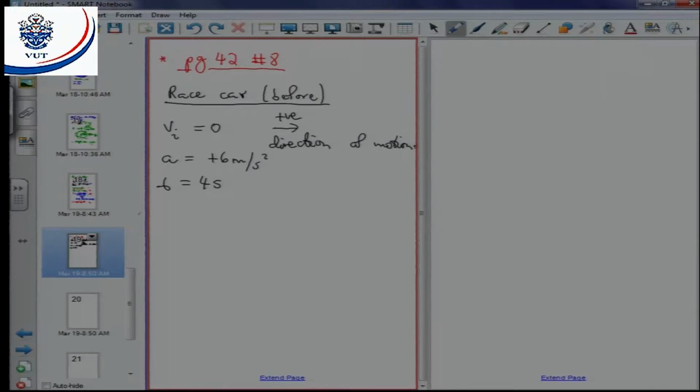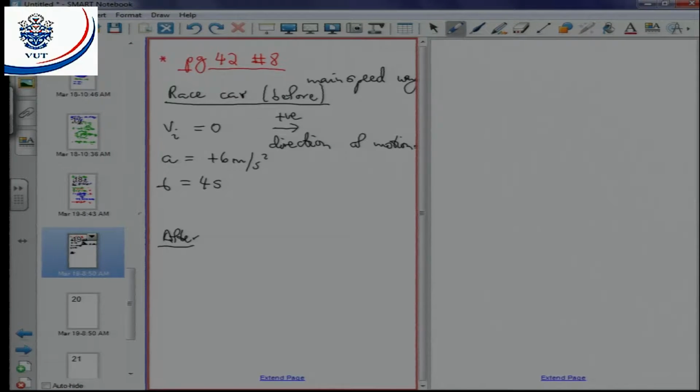So here, this is before he enters the main speedway. This is what we have, and now we have after.